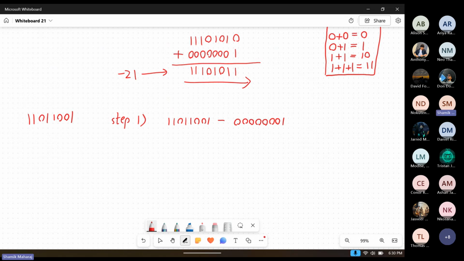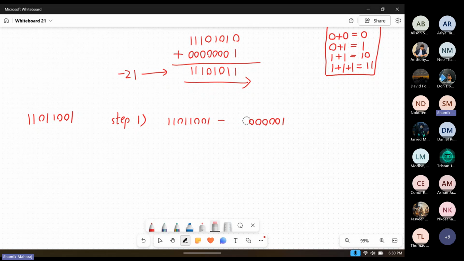Okay, but now we haven't learned how to subtract in binary. We only know how to add in binary, right? And also, because we're dealing with 2's complement, we can't just subtract. Let me say it like this before I stumble around too much.